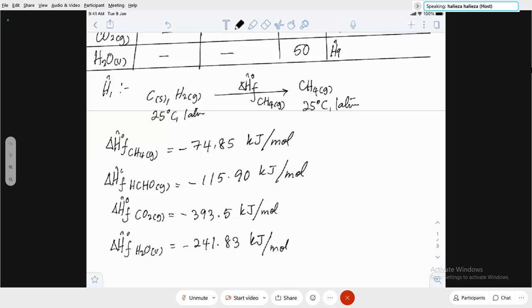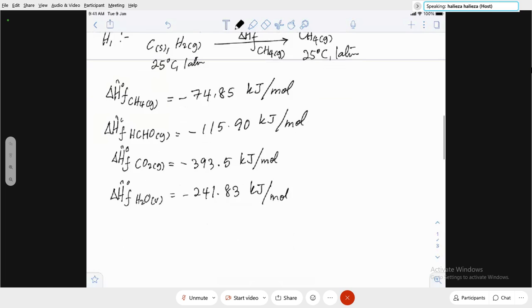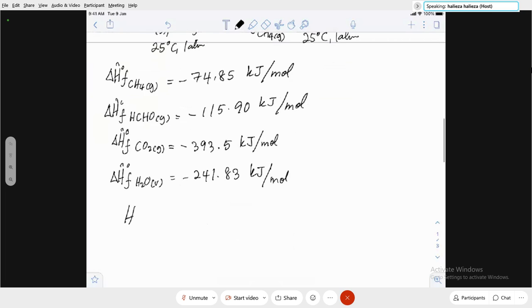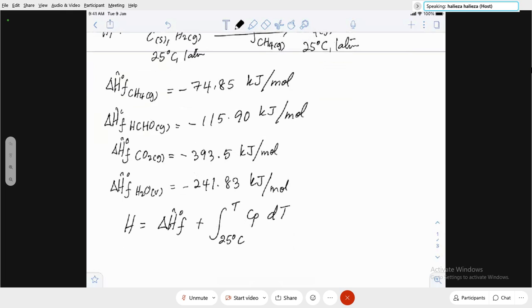Now, I'm not going to draw the whole thing or do the hypothetical path. We know that we're going to get the enthalpy using this equation: the heat of formation, plus whatever needs to be heated up or cooled down from 25 degrees C to the desired temperature.